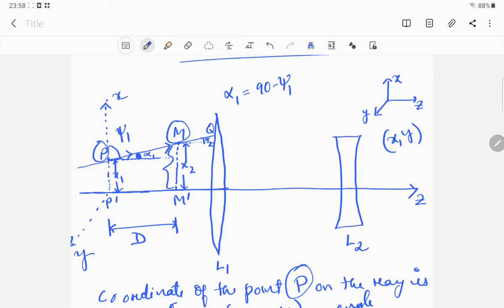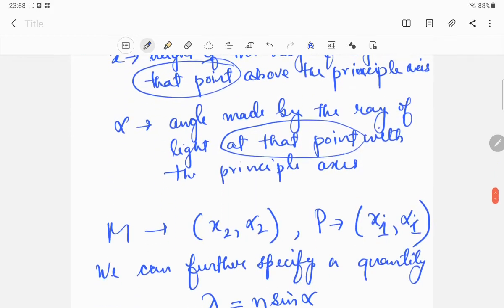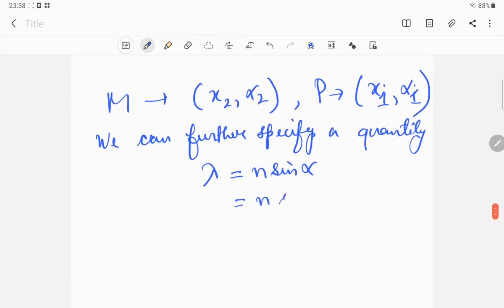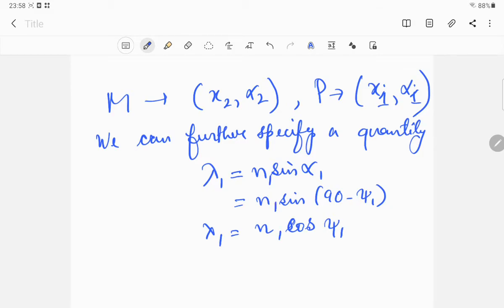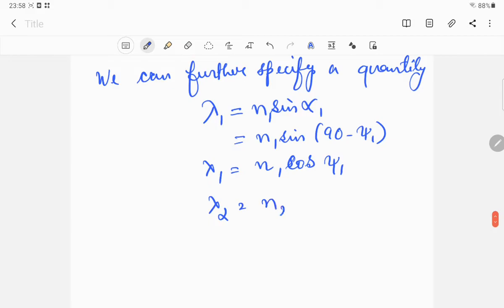So n sin of 90 minus psi 1 gives lambda 1, where n is the refractive index of the medium, so it will be n1 cos psi 1. Similarly, lambda 2 will be n2 cos psi 2. Lambda 3 will be n3 cos psi 3, and so on.